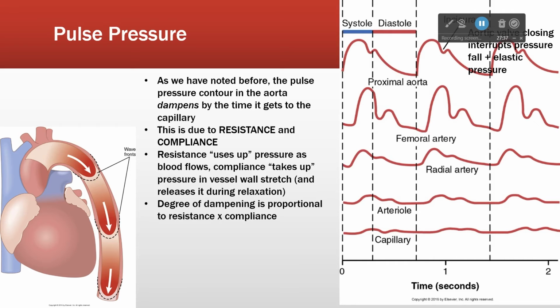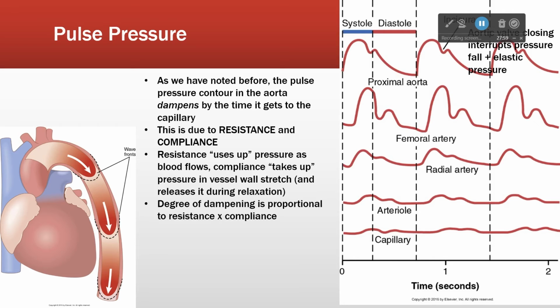Well, as we move from the heart more distally in the cardiovascular system, we get what's called dampening of the pulse pressure. In other words, if we looked at the proximal aorta, the pulse pressure is very brisk and sort of rigid. We have a strong up and a strong down.